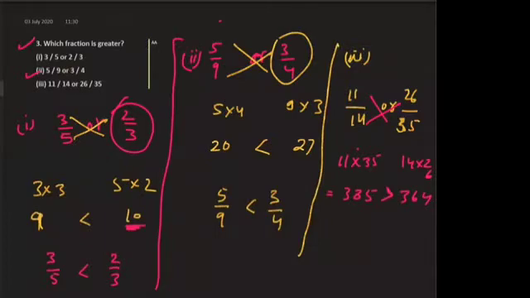So we can say that 11 upon 14 is greater and 26 upon 35 is lesser. Clear, students?